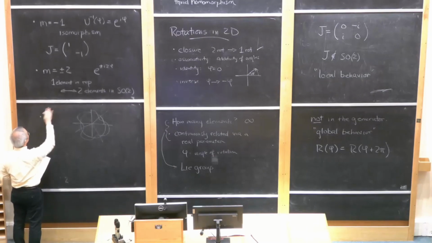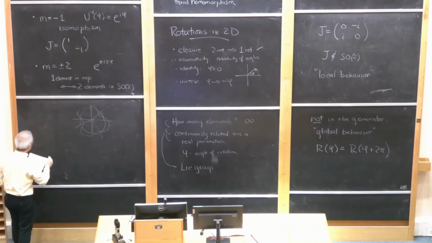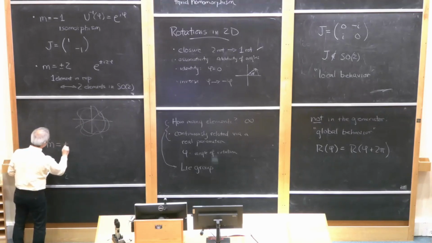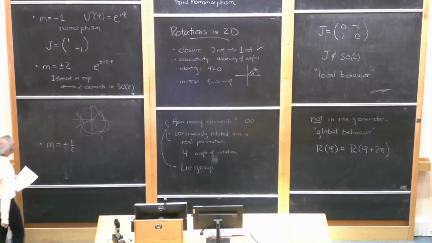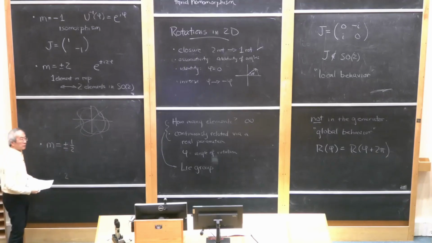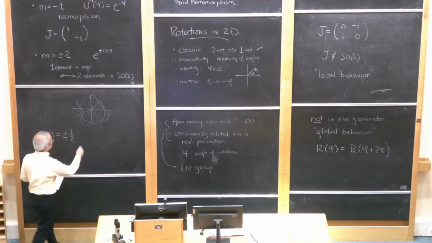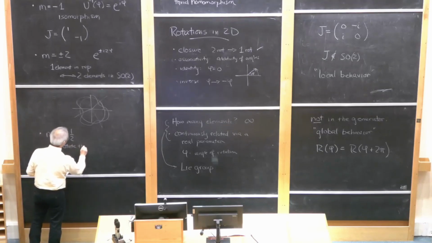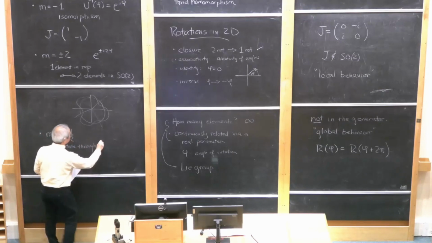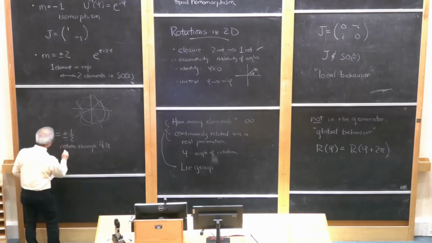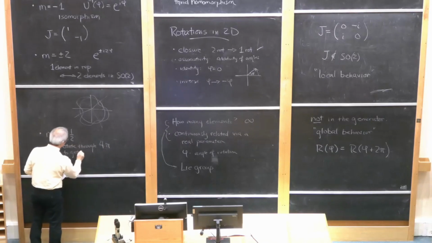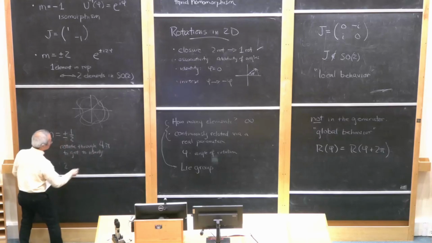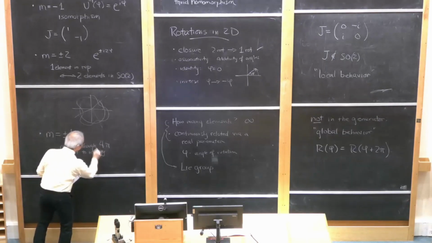Now, that's great for m equal to an integer, but you can also set m equal to plus or minus 1/2. In this particular case, this means you have to rotate through 4 pi to get to the identity, or get back to the same element.